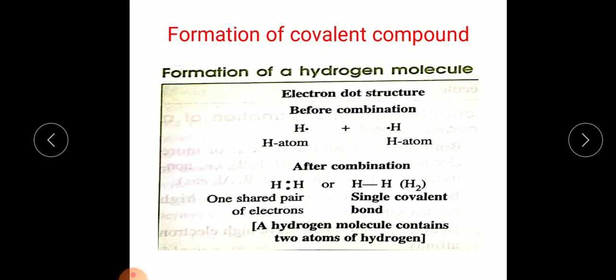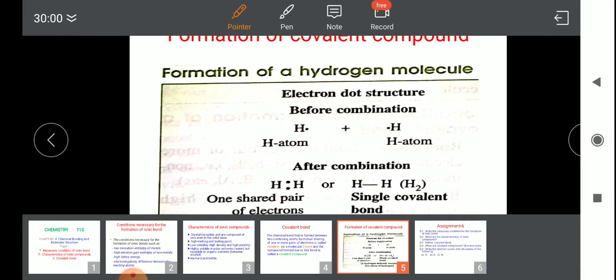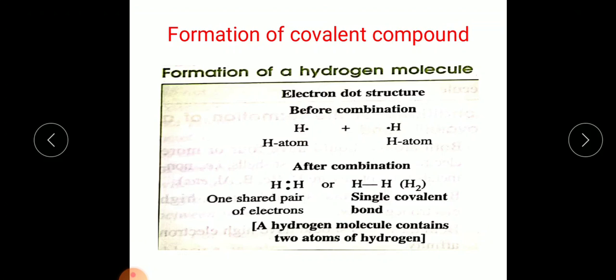In order to be stable, if one transfers its electron to the other, the first orbit will have two electrons. That one will be stable, but the other will not be stable because it does not have any electron. Both the atoms need to be stable. So what will they do? They will bring the two electrons very close to each other from each side, and they will share them.